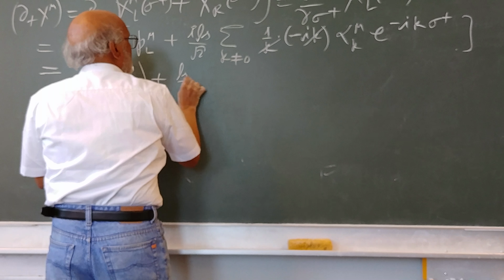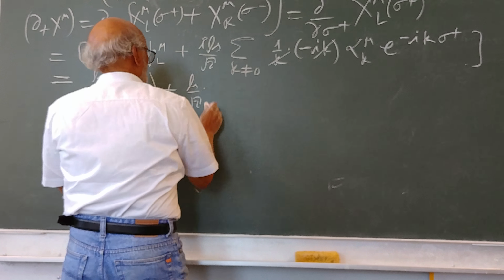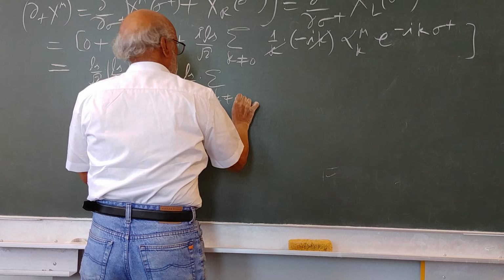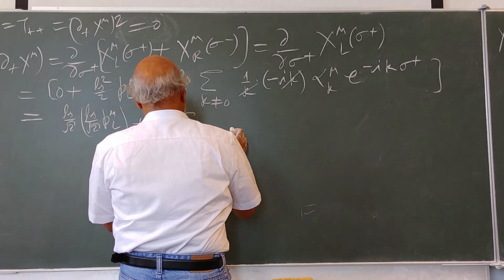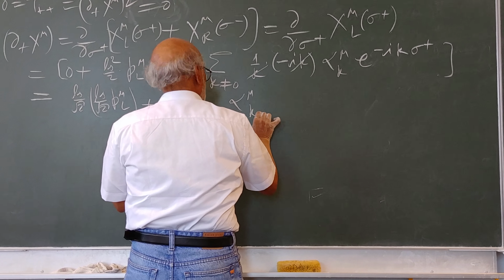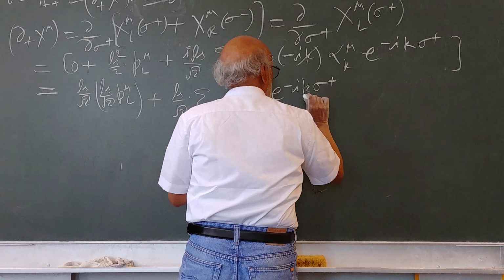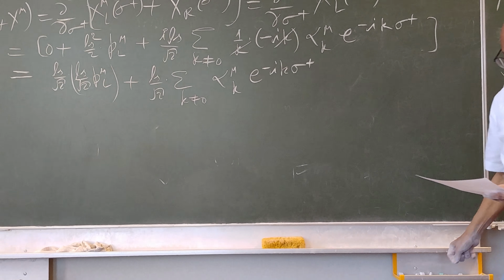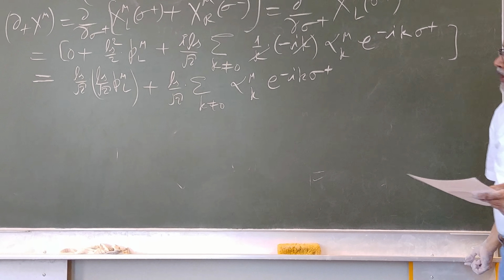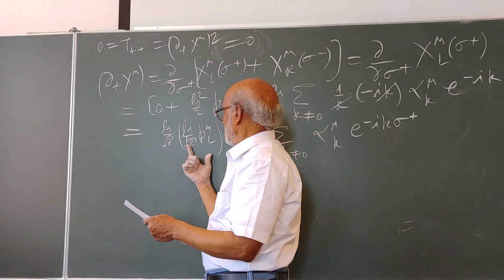So I have ls by root 2 summation over k not equal to 0, and then I have alpha mu k e to the power minus ik sigma plus. Okay, now I have written it like this.